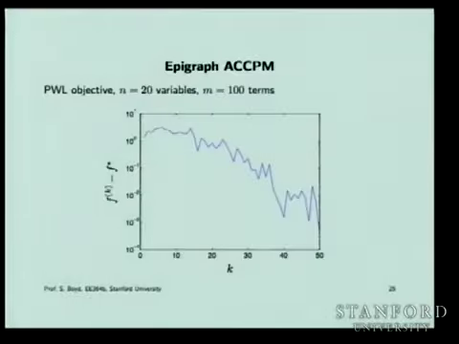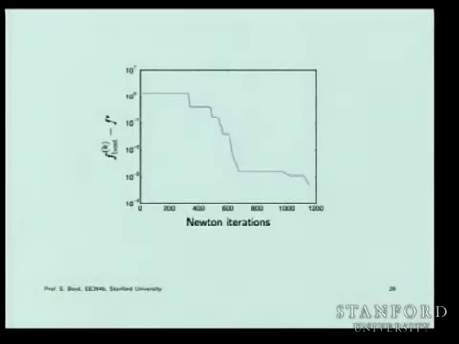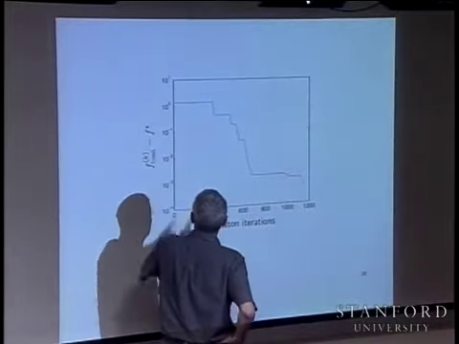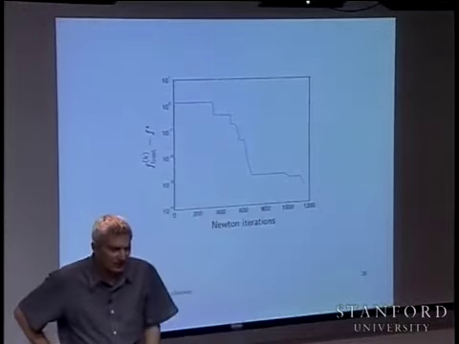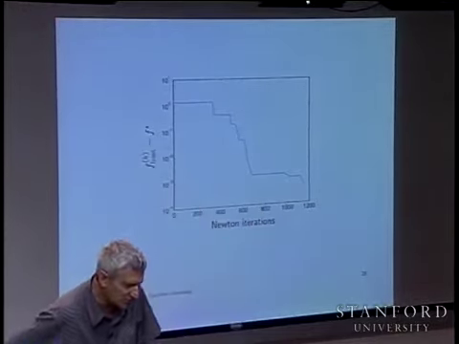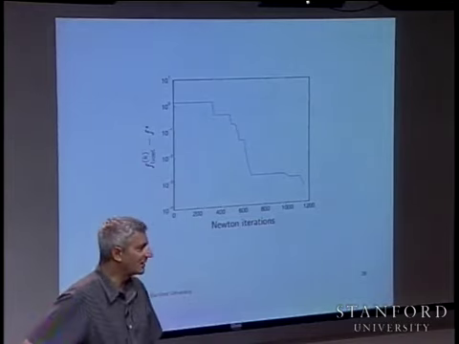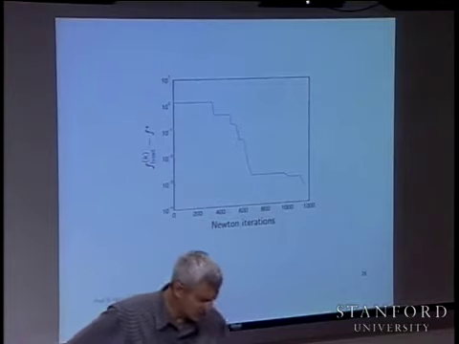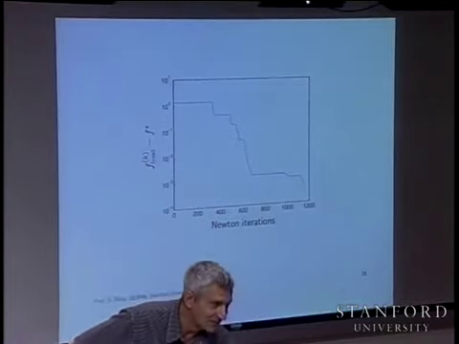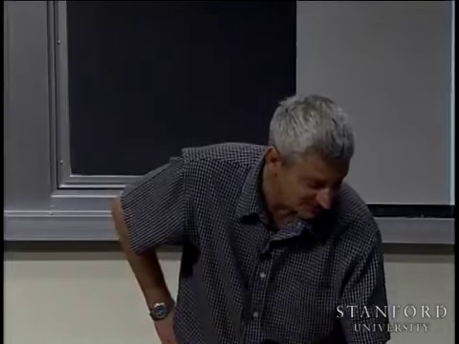Yeah, there we go. So this is the epigraph one, and here's what it looks like versus Newton steps. I don't know what happens here, but it looks like you're doing pretty well. There are points here where you're doing better or something, and the word on the street, as I know it, is that the epigraph method is better. I don't understand it, to be honest. I'm not quite sure why, but anyway, that's for whatever it's worth.